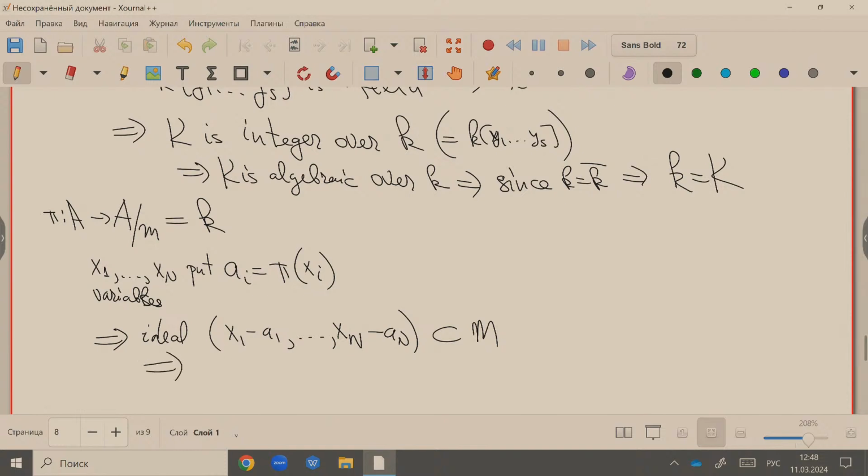But since we know that the ideal generated by x1 minus a1, ..., xn minus an is maximal, this means that they coincide with M.